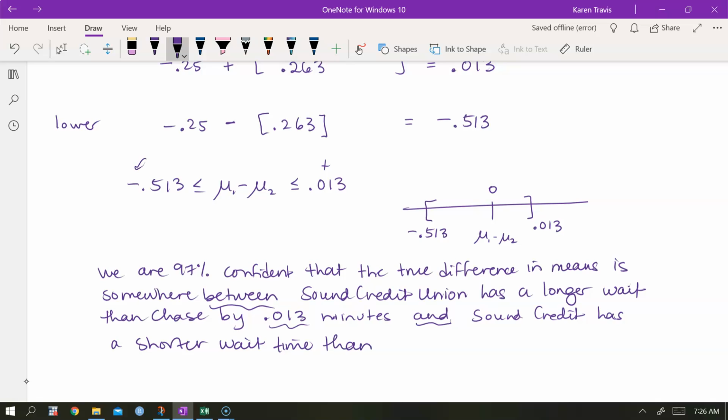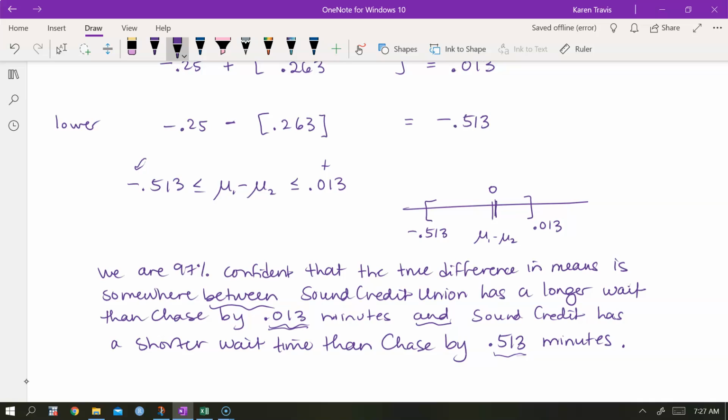When this is negative by 0.513 minutes. So the shorter takes care of the negative, and I don't repeat the negative there. So it's somewhere between 0.013 minutes longer for Sound Credit Union and 0.513 minutes shorter for Sound.